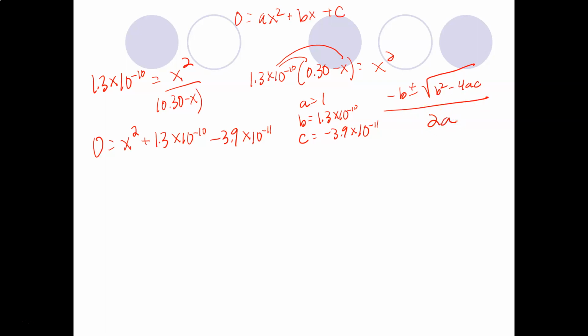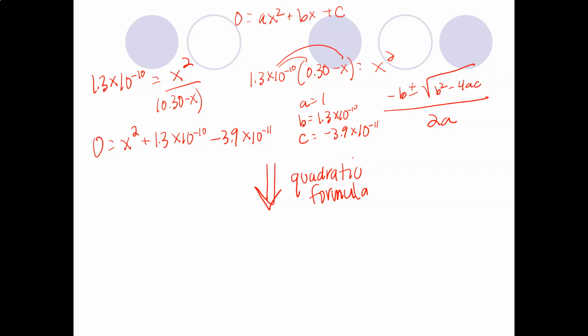And that is our formula for the quadratic formula. So I would need to plug in these values. Now, I am going to do a magic arrow that says quadratic formula, where I plug those numbers into the quadratic formula and solve.